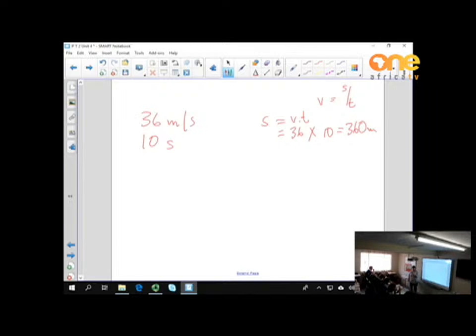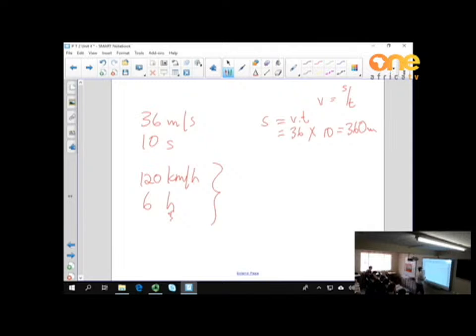B. A motor vehicle traveling at 120 kilometers per hour for 6 hours. It's the same calculation, except we're working with kilometers and hours. If this one was in minutes or seconds, you would have to convert it to hours. All right.